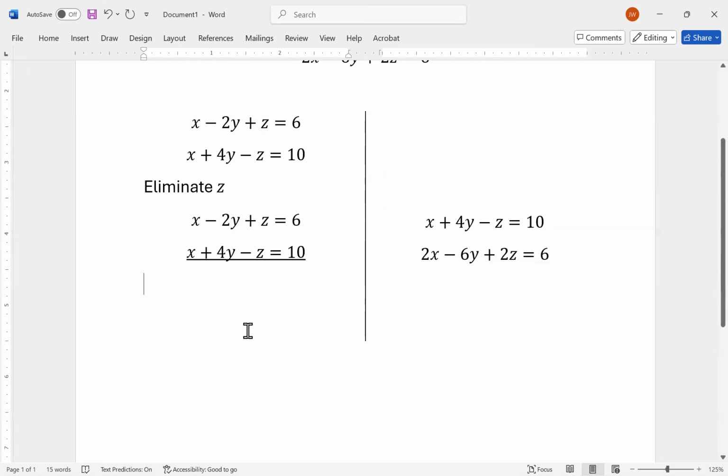In other words, I already have opposite coefficients on my z. So when I add those two together, I get 2x plus 2y is equal to 16.